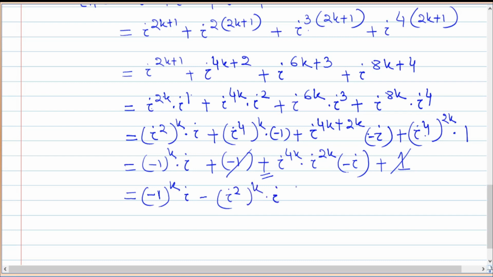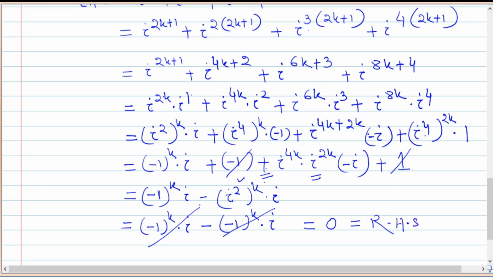Here i to power 6k means i squared whole to power k, and minus plus is minus, and i is left here. Do you follow or not? That is nothing but minus 1 to the power k into i minus, i squared is minus 1 to power k, minus 1 to the power k into i. Here these two are the same with plus and minus, so they cancel, which is equal to 0, which is equal to RHS.